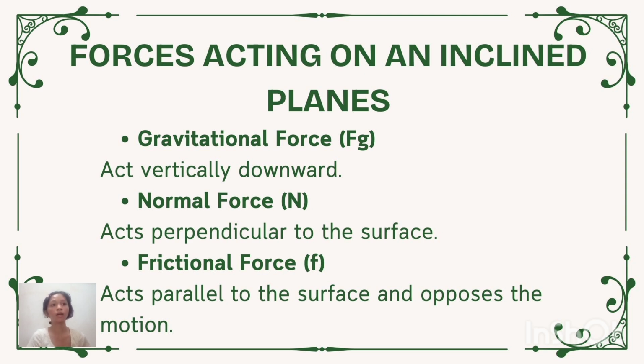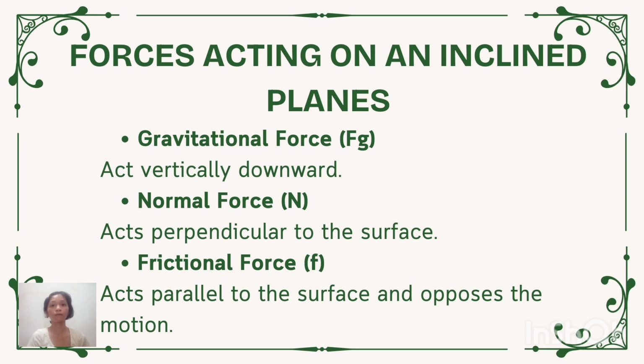So the second one is the normal force, which is represented as N, but actually it is F sub norm. This is the force exerted by the surface on the object, and it acts perpendicular to the surface.